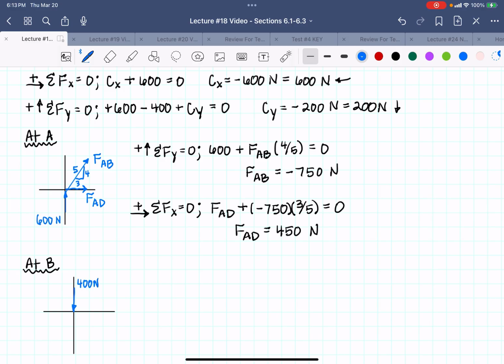I've got a force to the right that I don't know yet. That's FBC. And I'm going to assume it's in tension, so we're assuming it's away. And we know FAB, so I'm going to draw FAB over here, and we know what that is. And even though I drew it in tension, I'm going to show that it is negative 750.